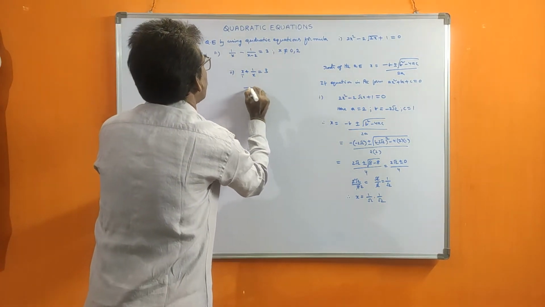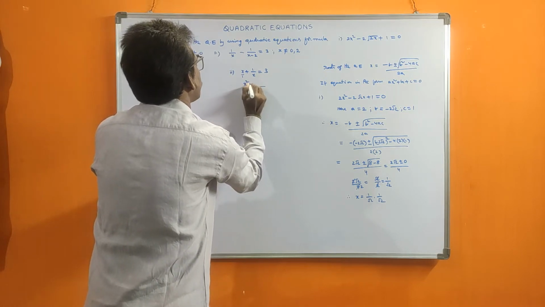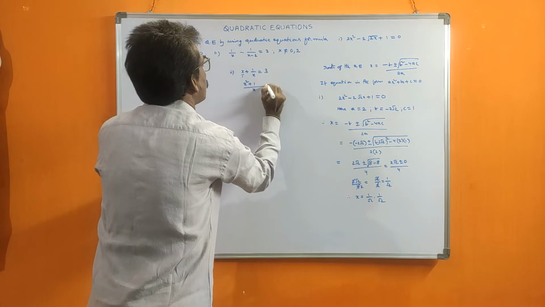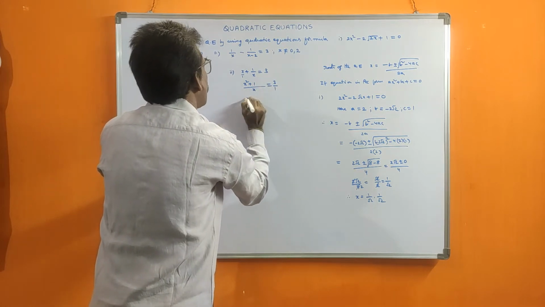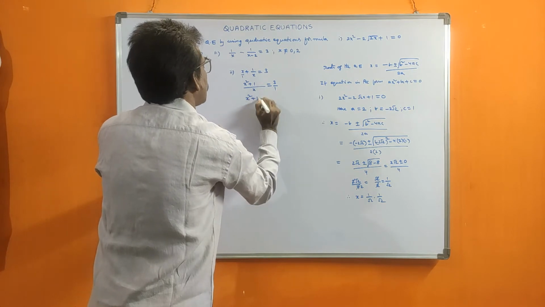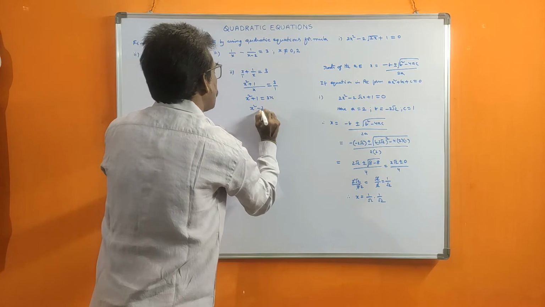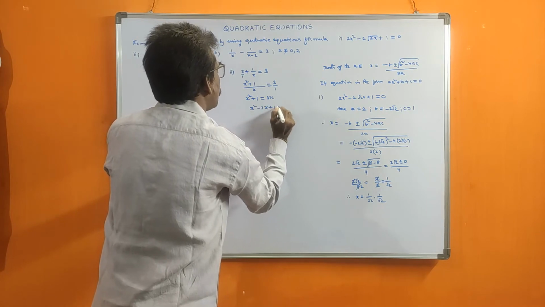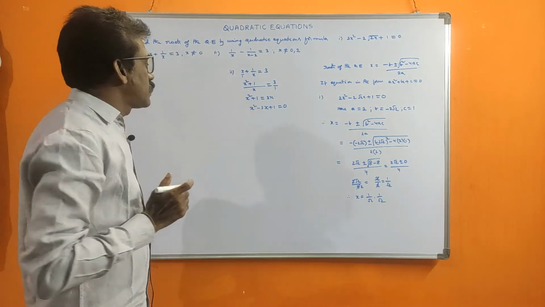Take LCM x: x into x is x square, x into 1 is x, 1 into 1 is 1. By cross multiplication, here we get x square plus 1, and 3 into x is 3x. So x square plus 1 is equal to 3x. Bringing 3x to this side, x square minus 3x plus 1 is equal to 0. Now it is in the standard form of a quadratic equation.